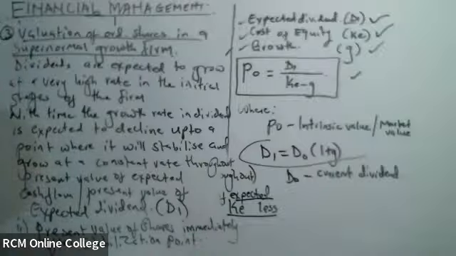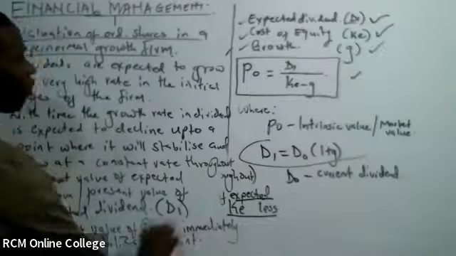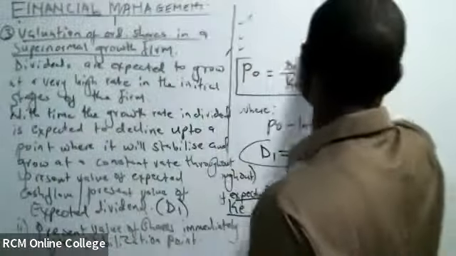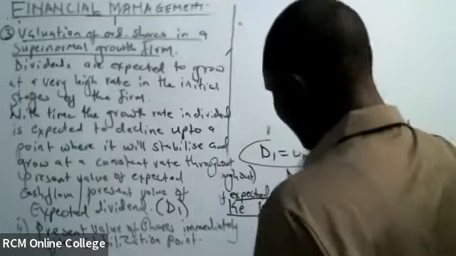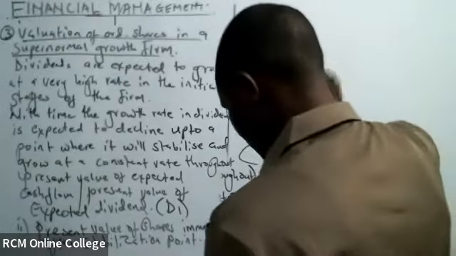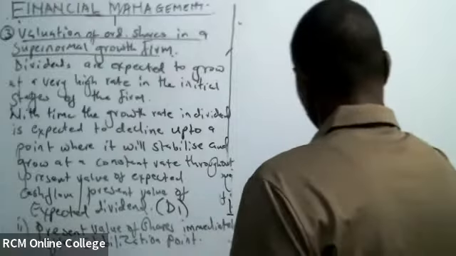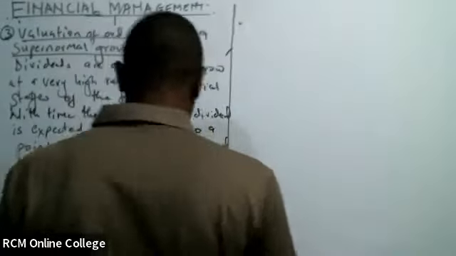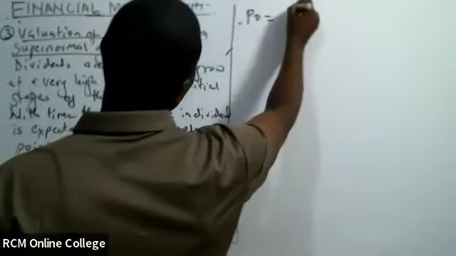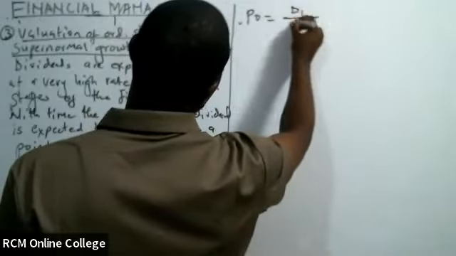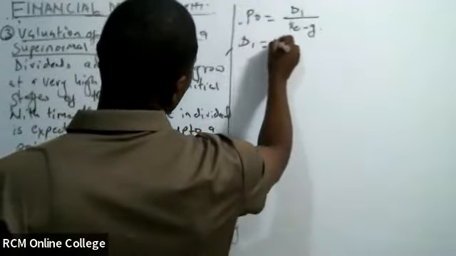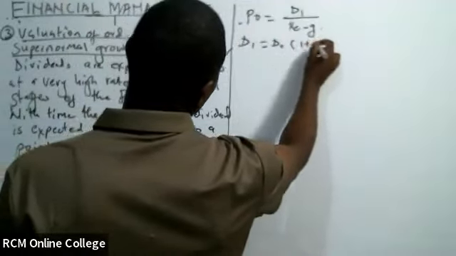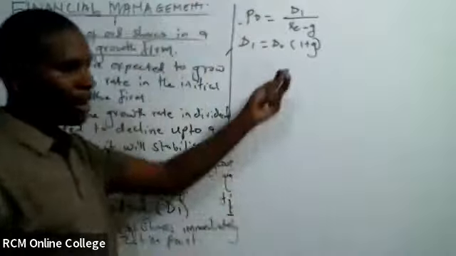In this case, we have the one that we had there: P0 is equal to D1 over Ke minus g. And we know that our D1 is equal to D0 (1 plus g). That is important to remember.